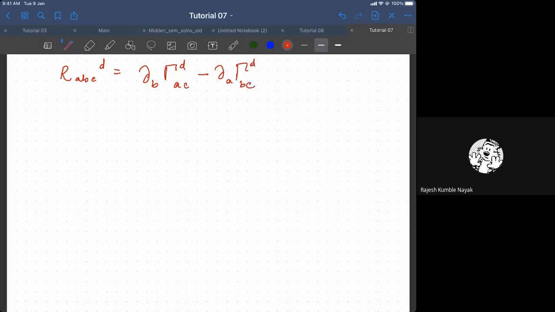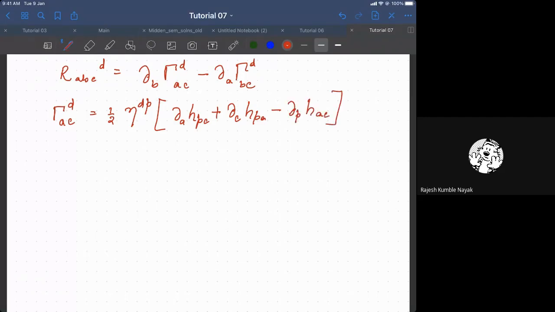Now let me explicitly write gamma^D_AC, that is equal to half g^DP eta^DP into, d_A h_PC plus d_C h_PA minus d_P h_AC. Same way we can write down the other one, just to get this neater.